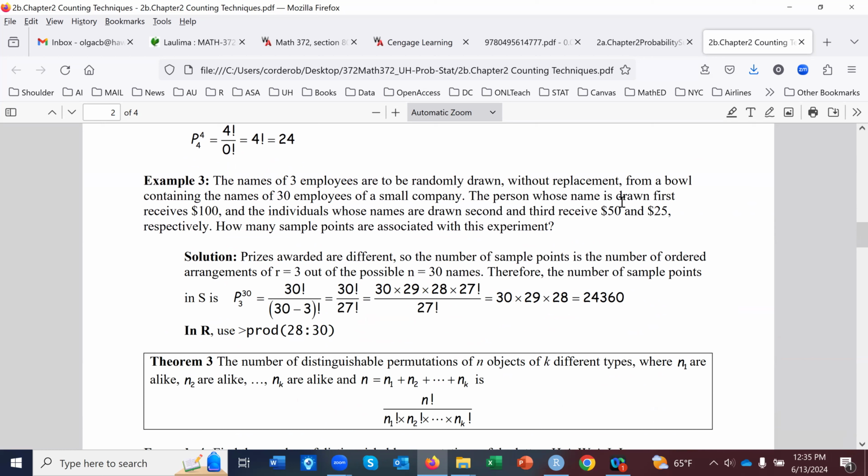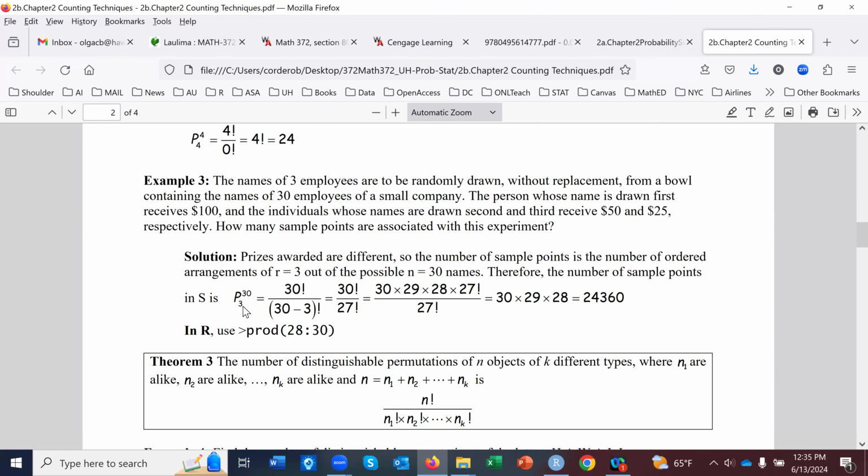The person whose name is drawn first receives $100, and the individuals whose names are drawn second and third receive less. So here it's important whether your name is drawn first place or second. So permutation is what we have to do.